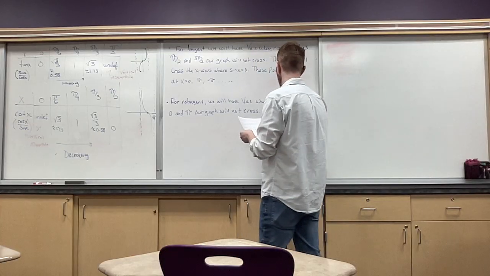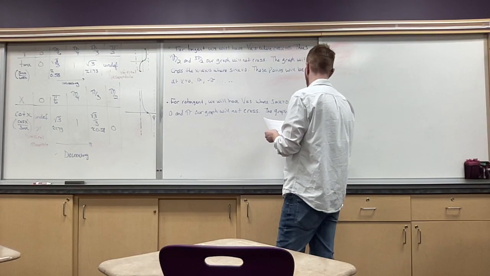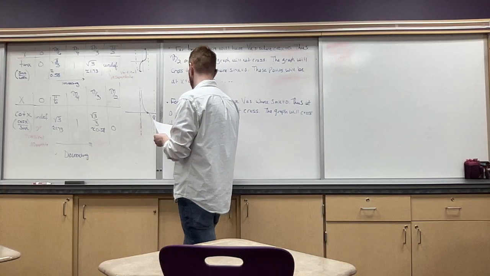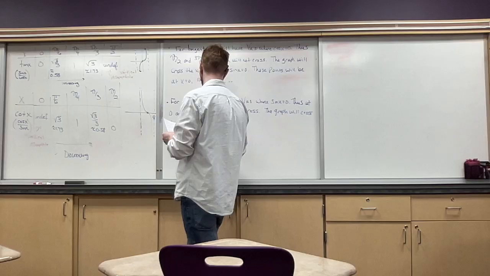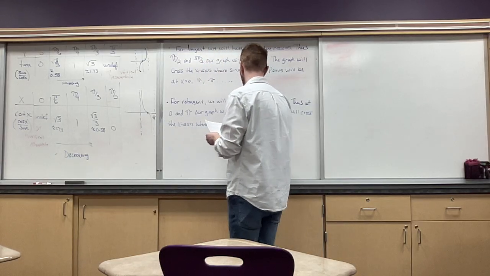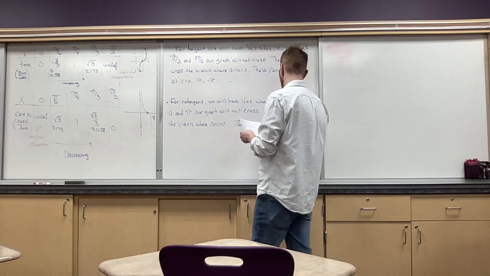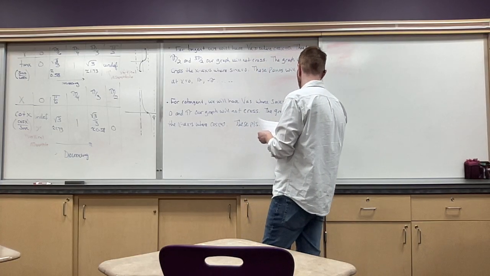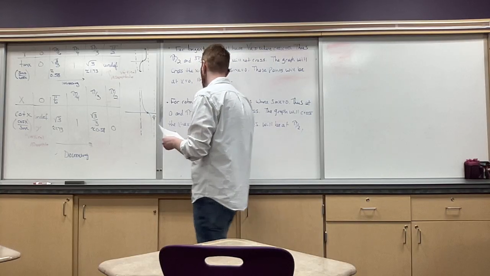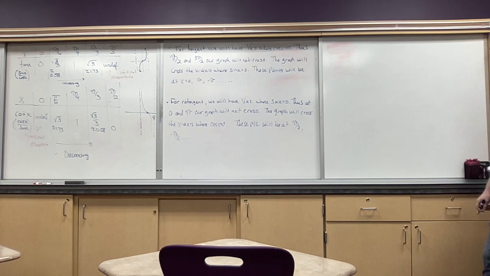Okay, but we could say that the graph will cross the x-axis where cosine of x is 0. So for example, these points will be at pi over 2 and negative pi over 2, and just following the same pattern, anywhere we see cosine to be 0.